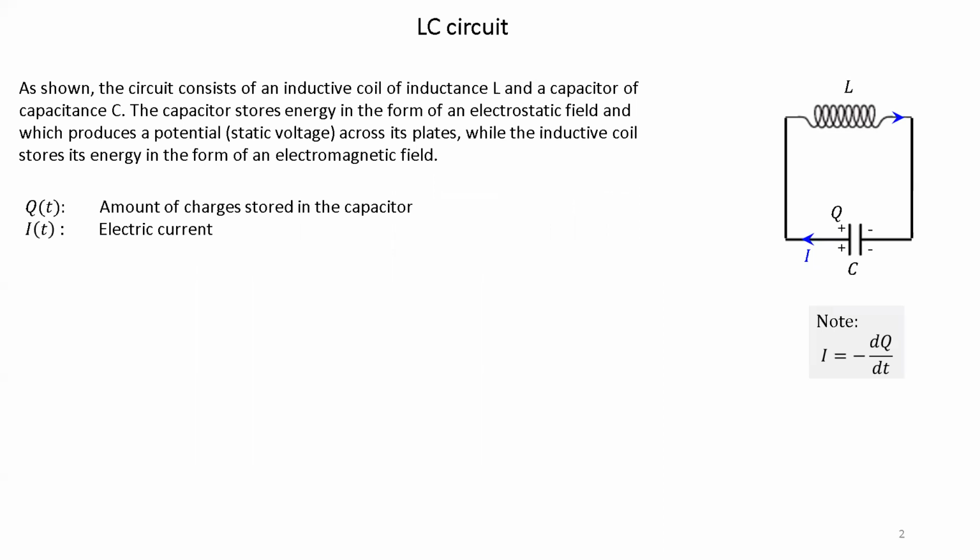I believe that you have the basic knowledge of these elementary circuit elements, like capacitor and inductor, so you don't have much problem understanding this. So here, what do I have? I have a circuit consisting of an inductor, like a coil, and a capacitor.